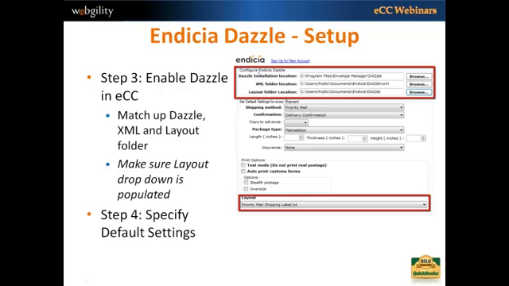Here again, once we specify the configuration, I also have the default settings for every shipment. These are the settings that will appear for all of the initial shipments, and you can again change them when generating the actual shipping label.